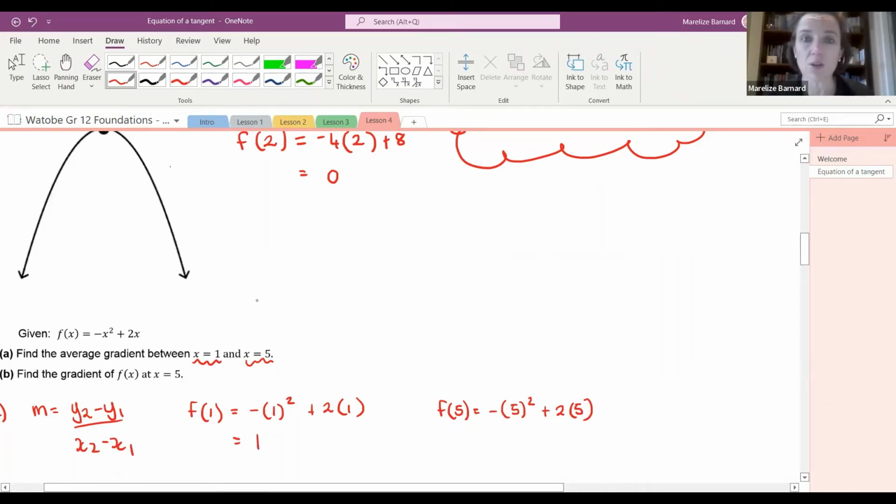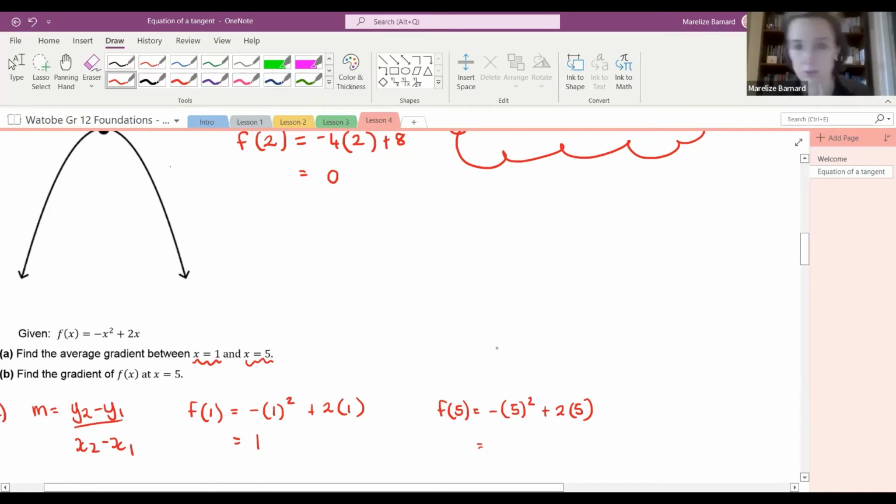Just double check your answer, Solomon. The minus is in front of the number that's being squared, so you're not squaring that minus. Be very careful when you put this into your calculator as well. It's good that we do these things because we can pick up where we are going wrong, okay?